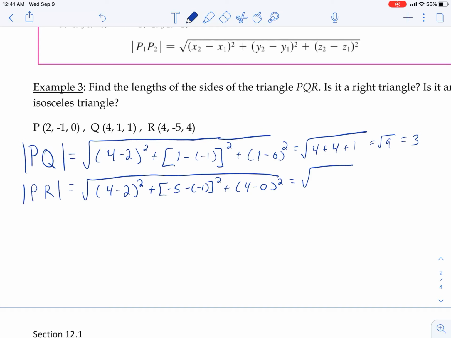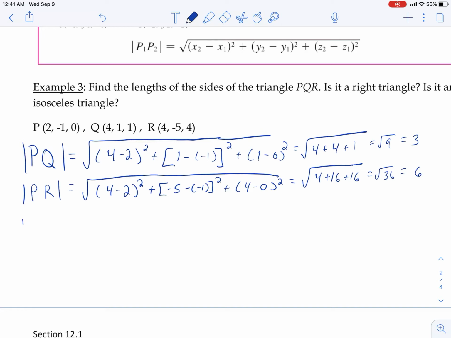So 4 minus 2 gives us 2, so 2 squared is 4. Negative 5 plus 1 is negative 4. Negative 4 squared is going to be 16. And 4 minus 0 is just 4, so 4 squared gives us another 16. 4 plus 16 plus 16 is 36. Square root of 36 gives us 6.